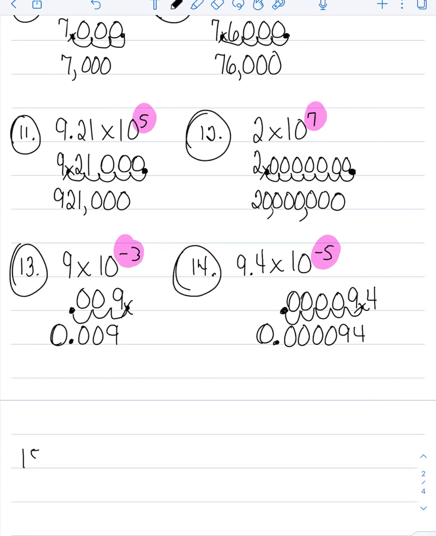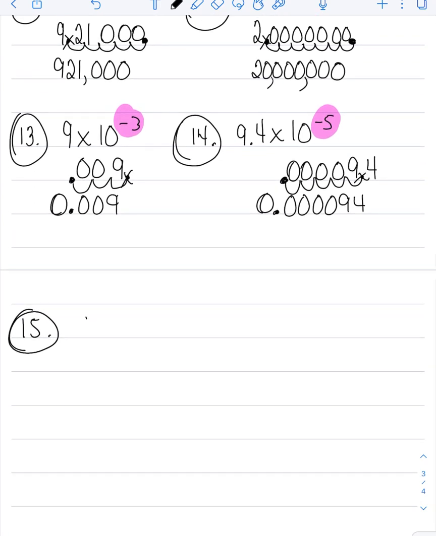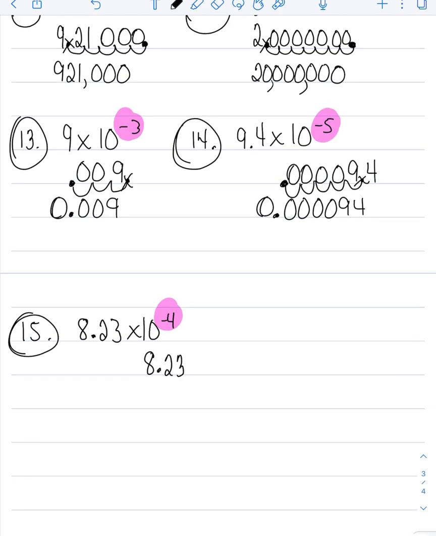Let's do 2 more examples. 15. Let's change 8.23 times 10 to the negative fourth power into standard notation. So first, I notice I have a negative exponent, so I'm going to write my 8.23 over here. Negative 4 means I'm going to jump 4 spaces to the left.